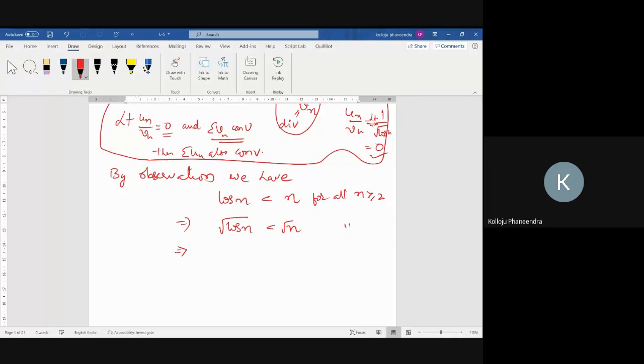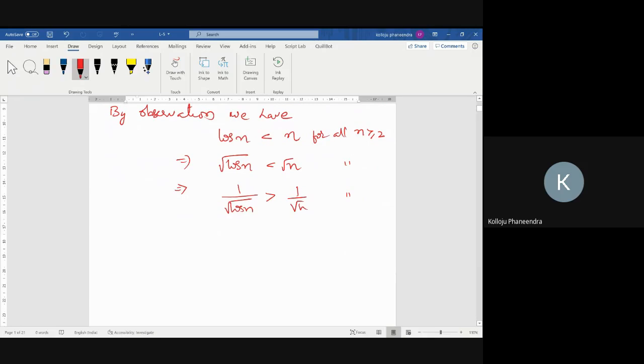That implies 1 by under root log n is greater than 1 by root n. Since we are taking reciprocals, the sign changes from less than to greater than, and let us multiply on both sides by root n. So this becomes 1 by root n log n is greater than 1 by root n into root n.